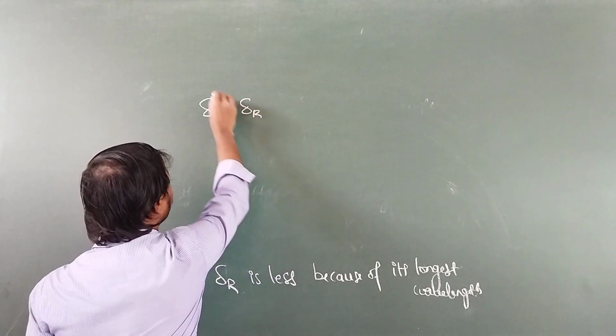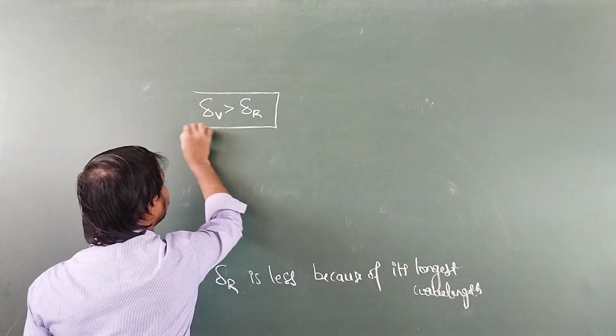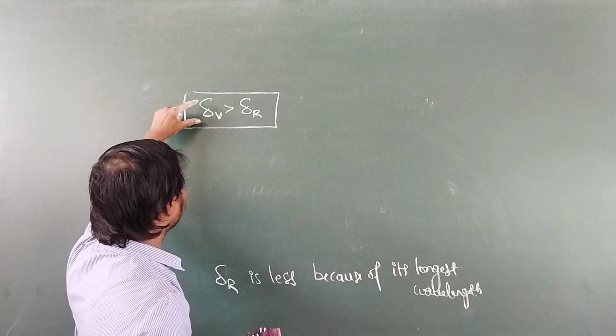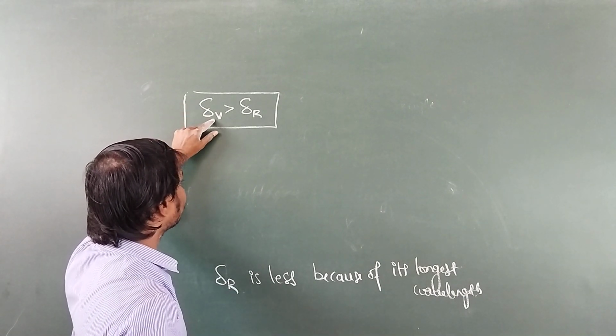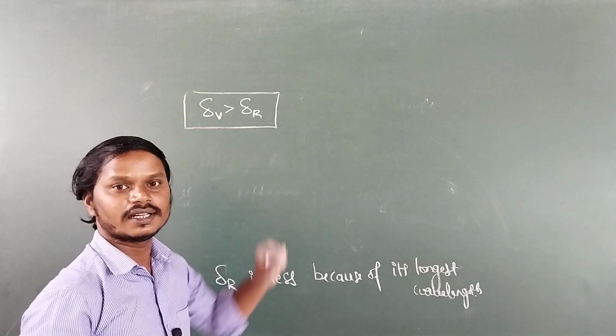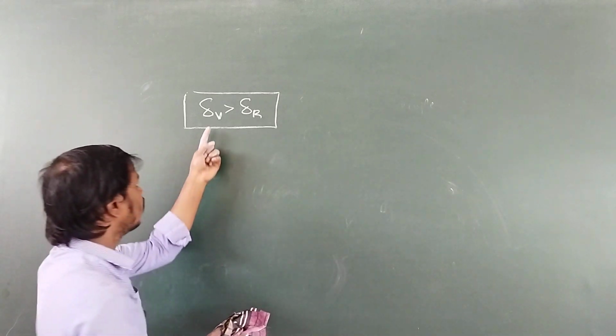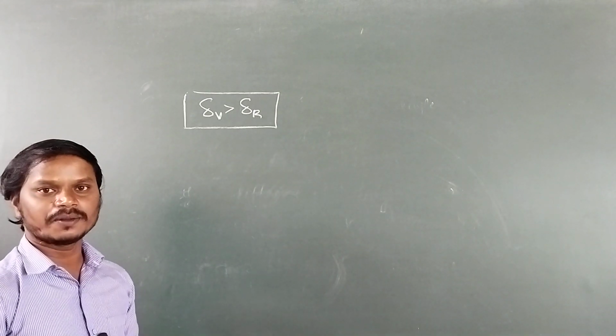So this is about the deviation produced by the prism. The angle of deviation is more for violet color and less for red color, because red color has the longest wavelength and violet color has the shortest wavelength.